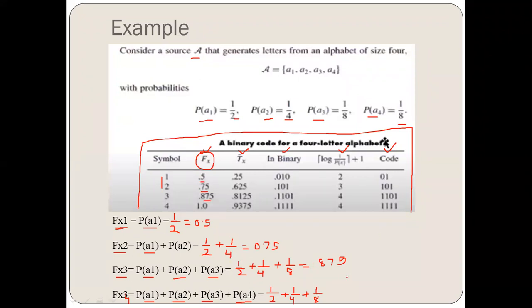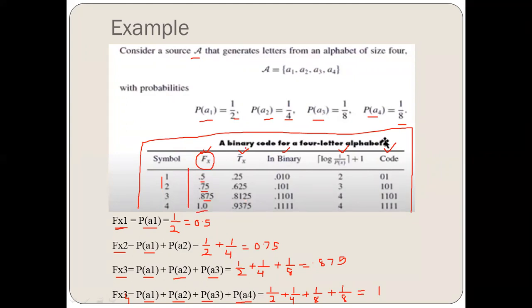That is again 1 by 8. So again I'll do plus 1 by 8. Now what will it be? It will be equal to 1. Right? So this is how I have calculated the functions for all the 4 symbols.